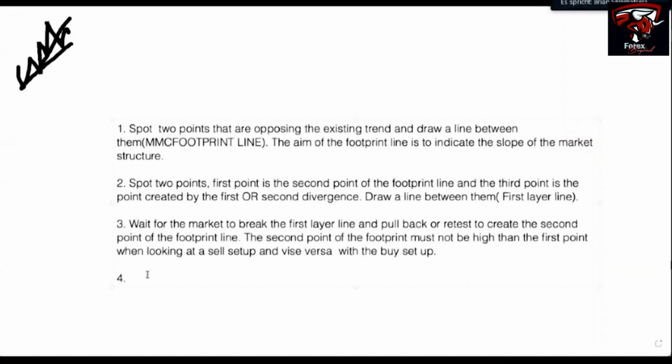The first step is you use the stochastic indicator for entry purposes.